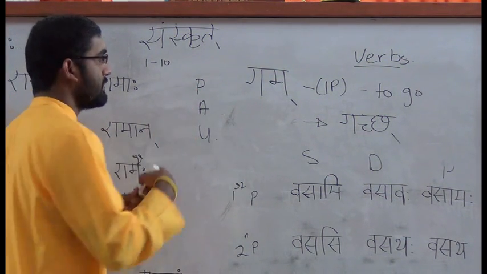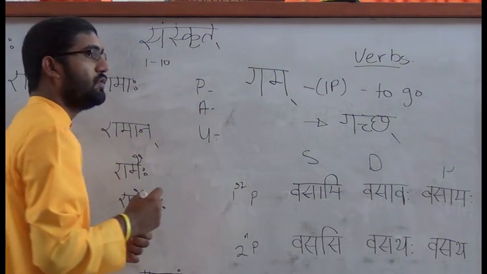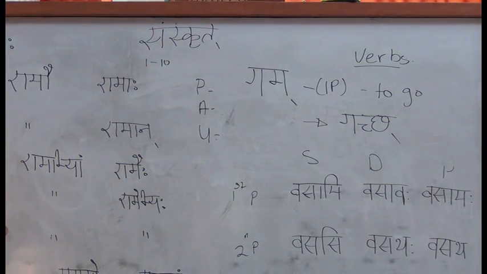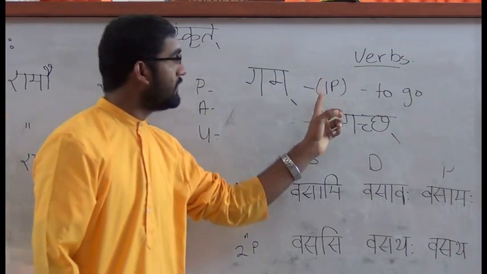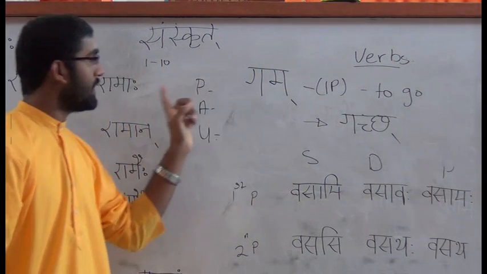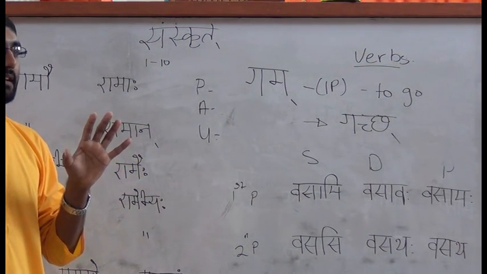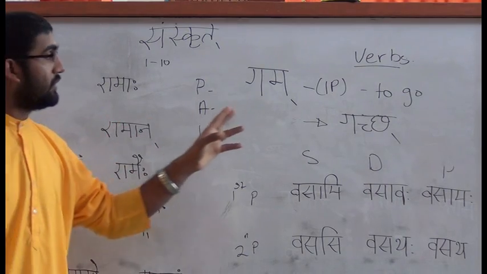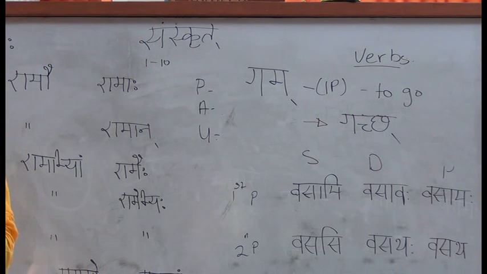And there are 3 different ways that the verbs could be conjugated. P means parasmay para, A means atmane para, and U means ubhaya para. So basically there are 30 different ways a verb could be conjugated. But we are only dealing with the first conjugation, parasmay para.